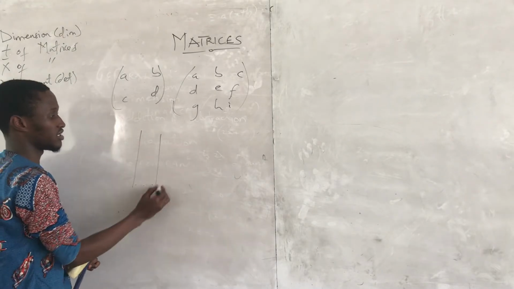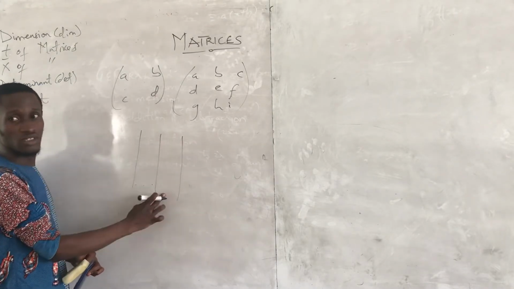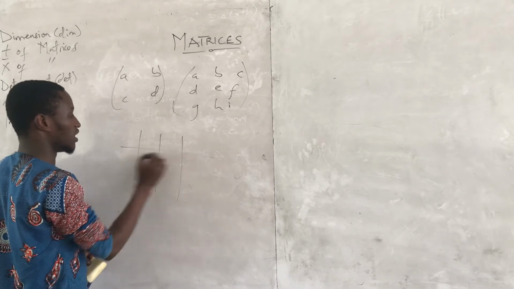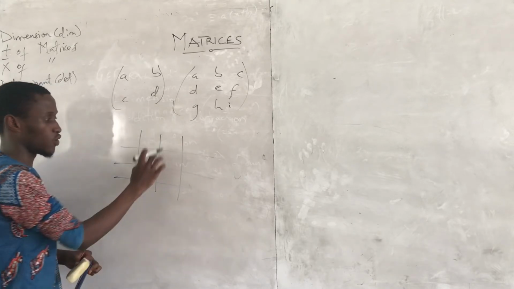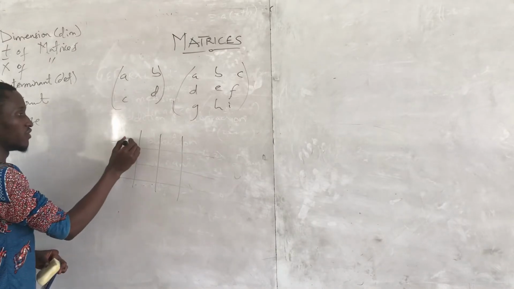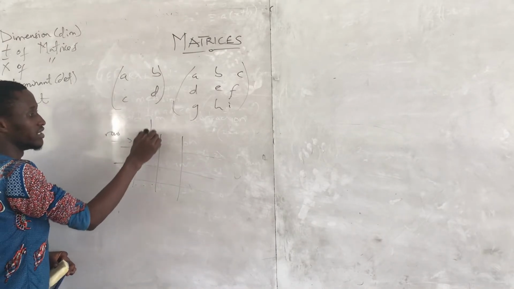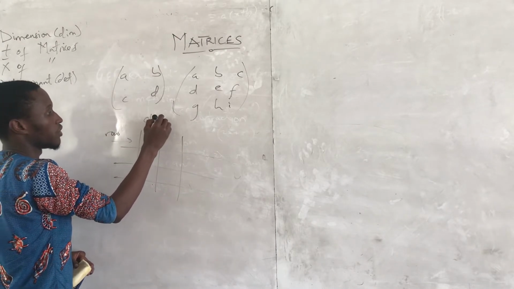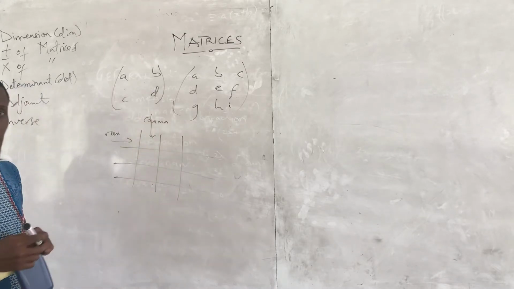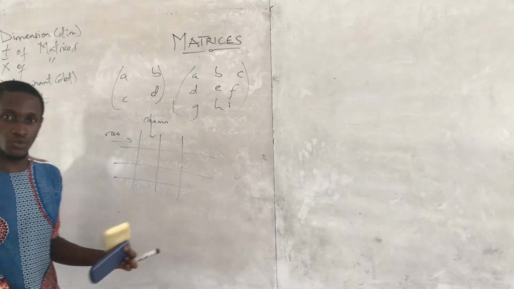These are called the columns. And the horizontals are called the rows. So likewise in matrix we have rows and we have columns.